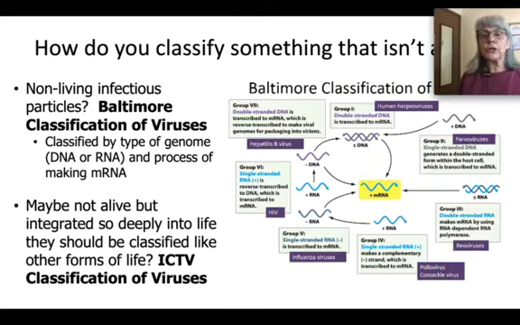What is interesting here is a couple of these groups do bring along an enzyme of their own, and this is group 6. It is a single-stranded RNA, and HIV is an example of this group. They bring along reverse transcriptase, and that enzyme will basically take that RNA that's their genome and transcribe it into a DNA.